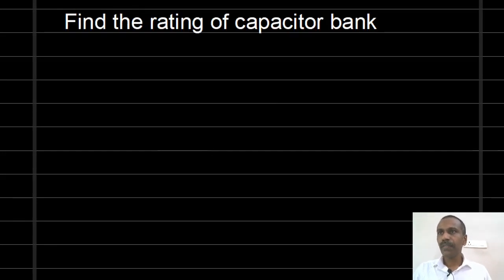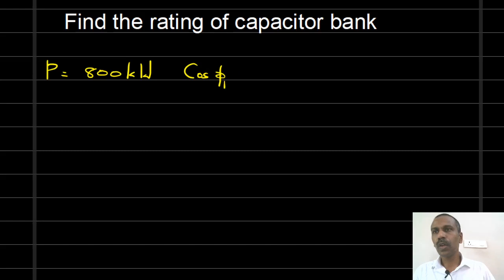Let's find out the rating of the capacitor bank first. The power rating is given as 800 kilowatt and its initial power factor is cos phi 1 equal to 0.8, and from this you can easily find out tan phi 1, which is equal to 0.75.